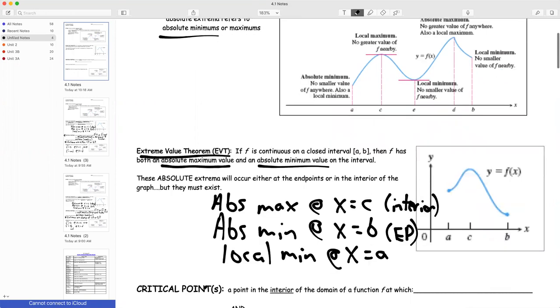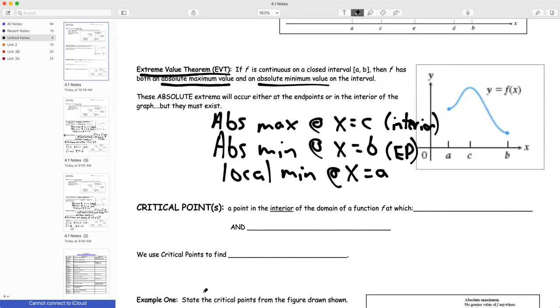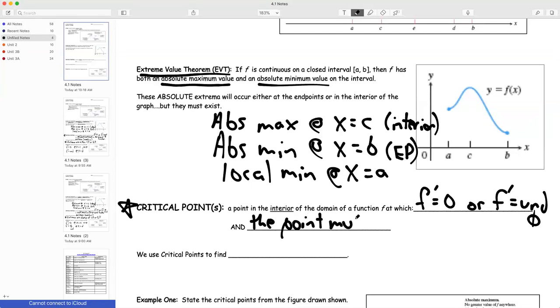And that brings us to critical points, which you need to know. A critical point is a point in the interior of the domain of a function f, at which f prime is equal to 0, or f prime is undefined, and the point must exist in the original function.